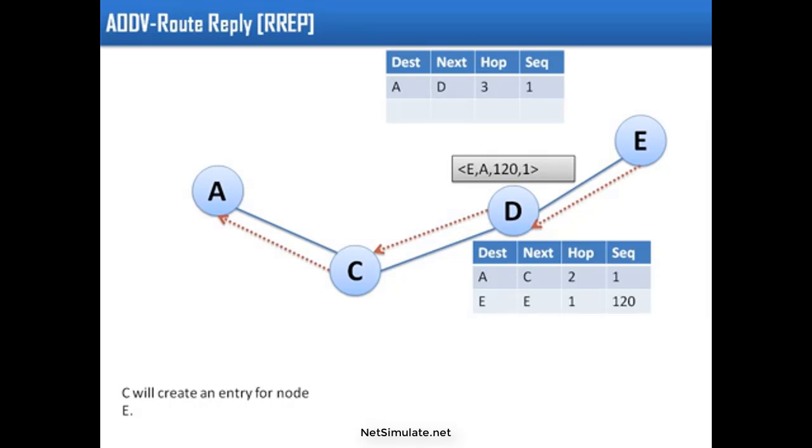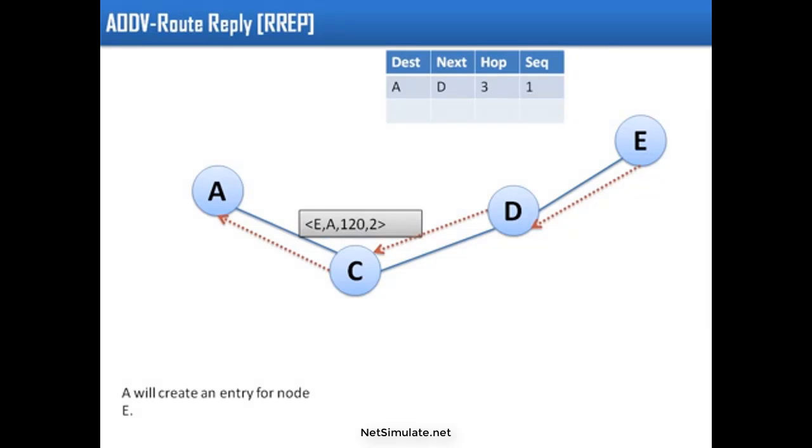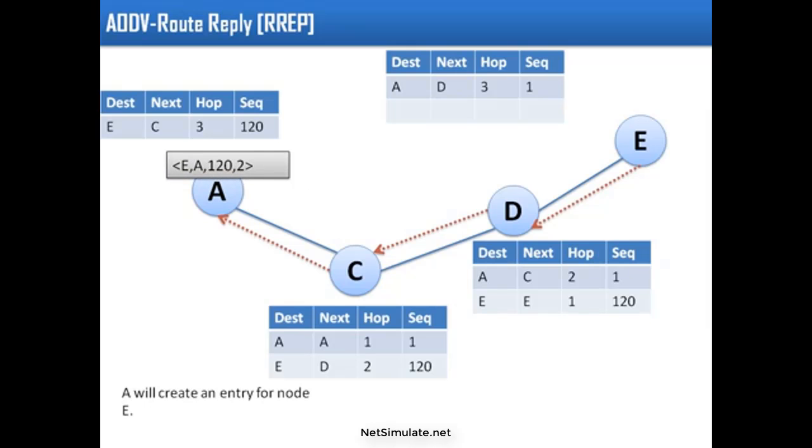Now D will increase the hop count value and send this to C. C also makes an entry: C will see this packet is coming from E and from D, so it would know that in order to reach E we have to go to D. So it will create an entry: in order to reach E we have to forward our packet to D. It will take hop count 2 and the sequence number is 120, and finally this packet will be sent to A. A creates this entry.